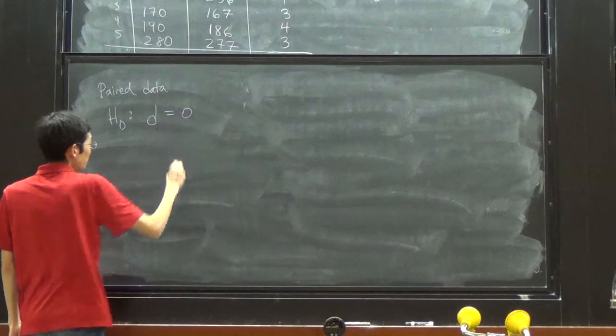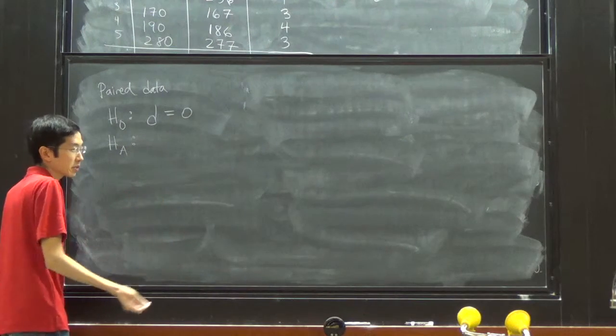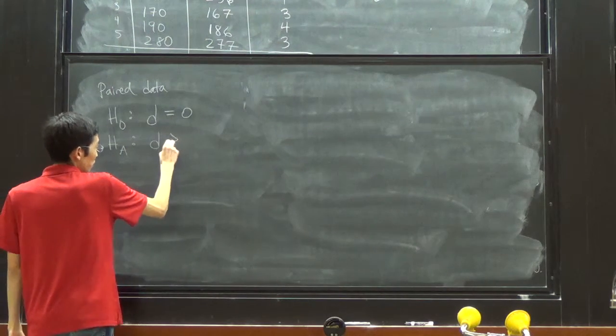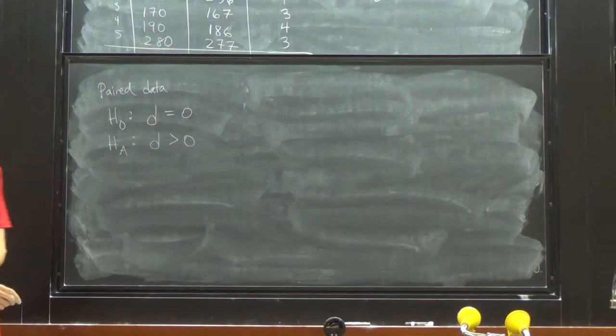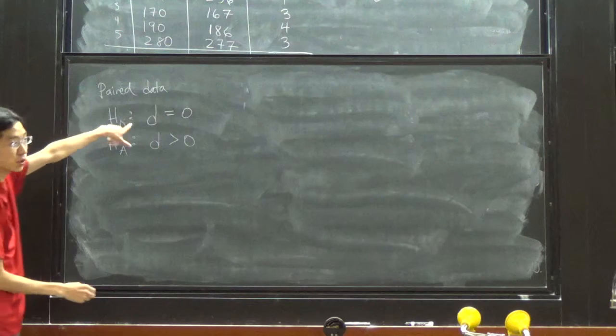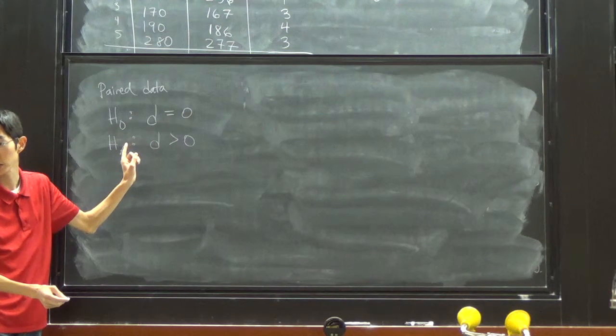Is the difference equal to 0 versus the alternative, the difference greater than 0? In this case, because we're testing to see if the weight loss pill is effective, we want to see a difference that is greater than 0. Okay, so notice I'm not using mu1 minus mu2, I'm using D, where D represents the difference.